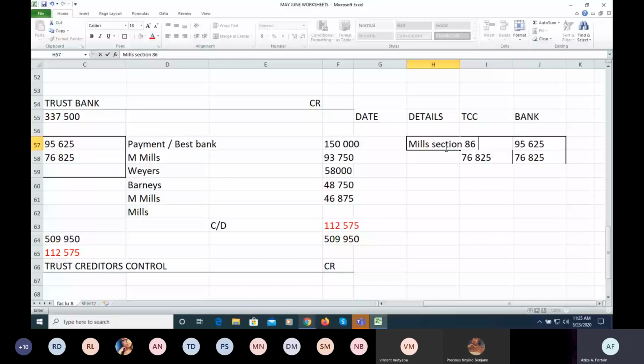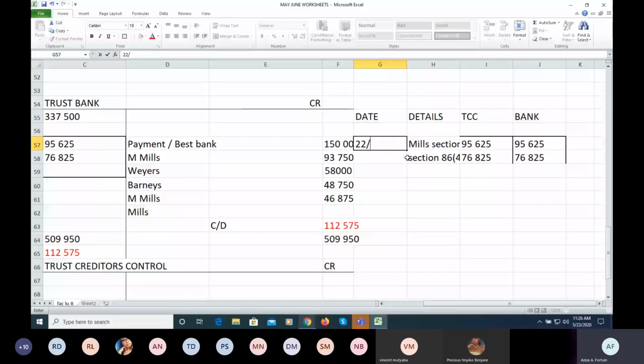Then I would have here the section. Okay, and that was the 22nd of the 8th, and that was the 31st of the 8th.